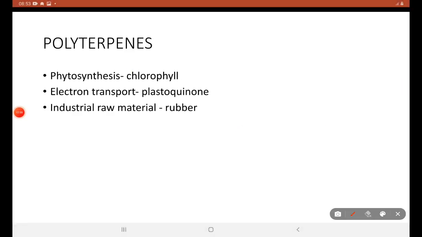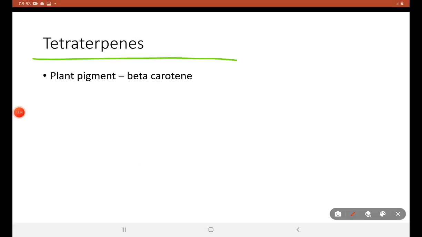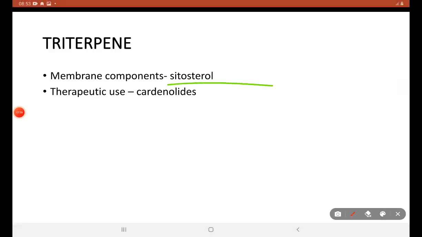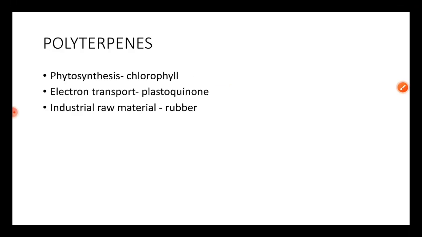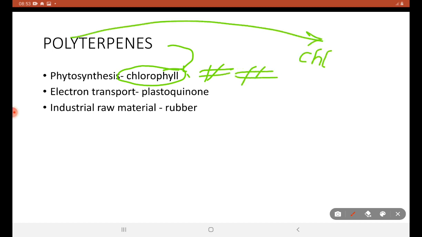Next, tetraterpene, plant pigment, beta carotene. Triterpene, sterols and cardenolides. Polyterpene, chlorophyll. Important. Polyterpene is chlorophyll.